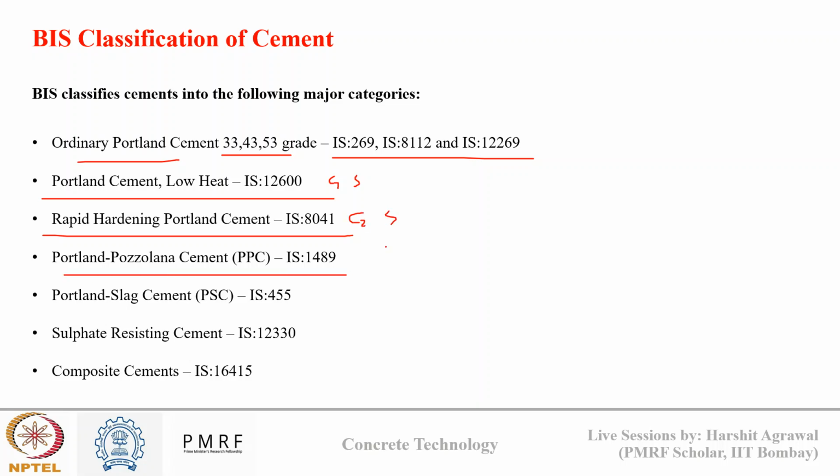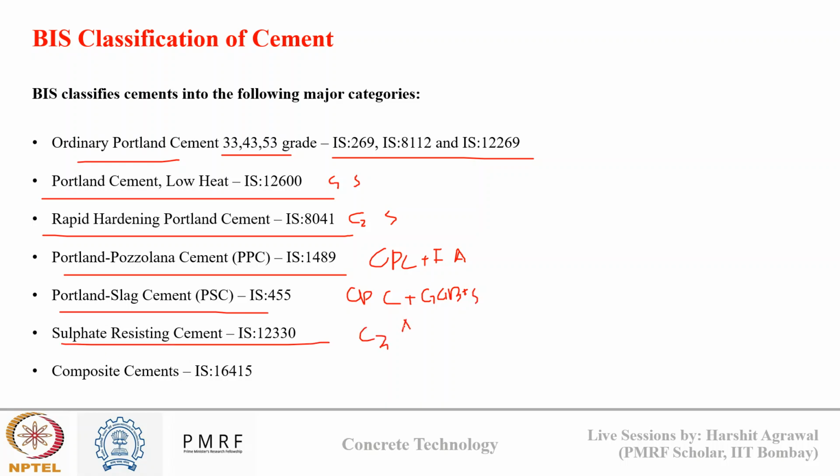Portland pozzolana cement is where OPC is blended with fly ash. There's Portland slag cement, where OPC is blended with ground granulated blast furnace slag. Then there is sulfate resisting cement, which has low C3A content, and there is composite cement. So there are different classifications of cement in the Indian standard also, just like the American ASTM standard.